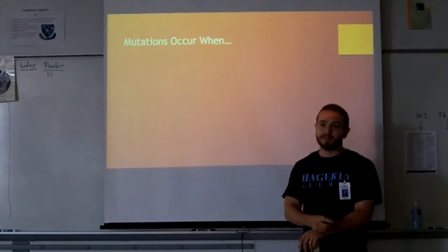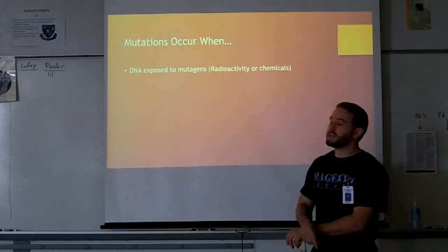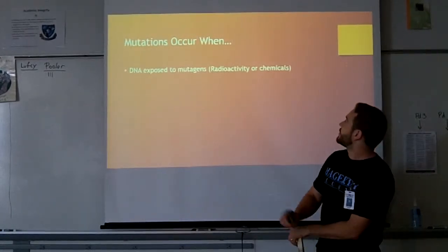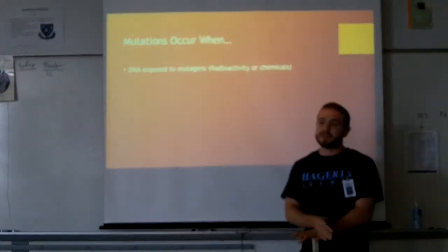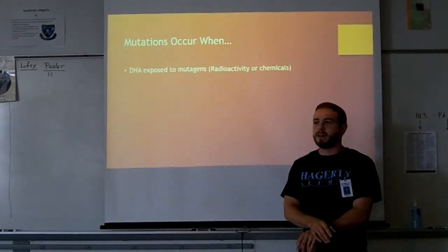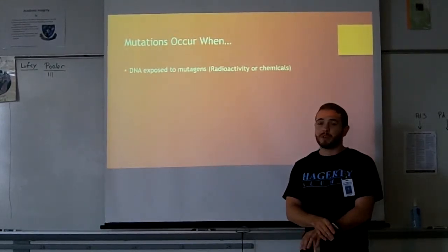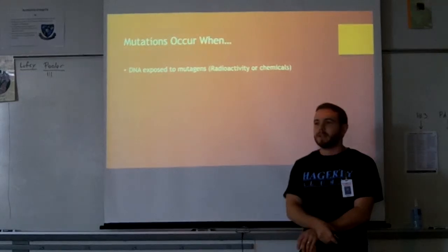How do mutations occur? Several ways. One, your DNA is exposed to mutagens, radioactivity, or chemicals. Now, these things are around us all the time. Radiation is what generates geothermal heat in the ground.